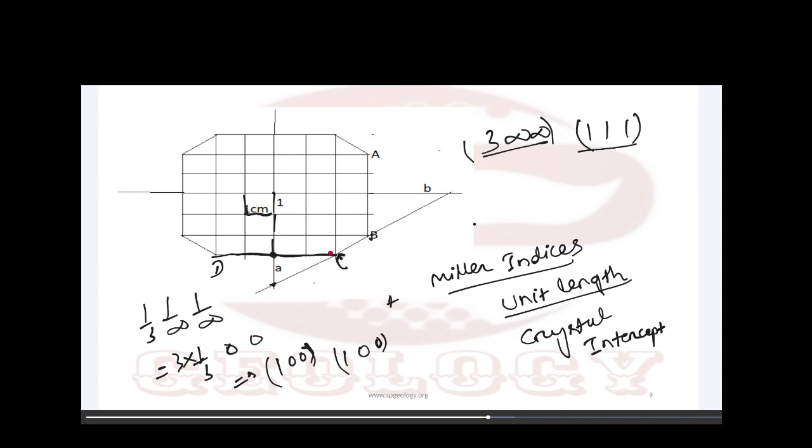So that is how a face is represented in Miller indices. Any face that is parallel to any crystallographic axis, the intercept will be 0, and if it is intersecting at some distance, then accordingly you will take the number.